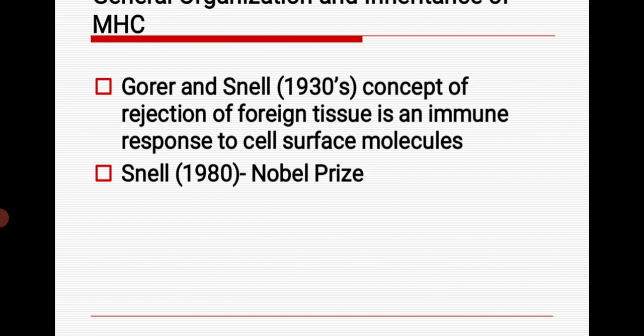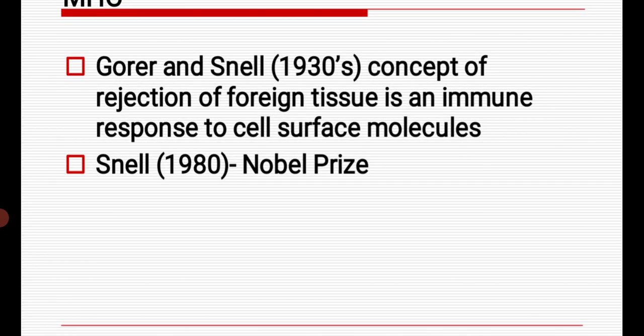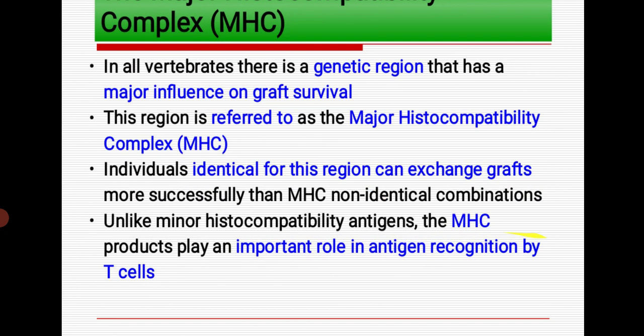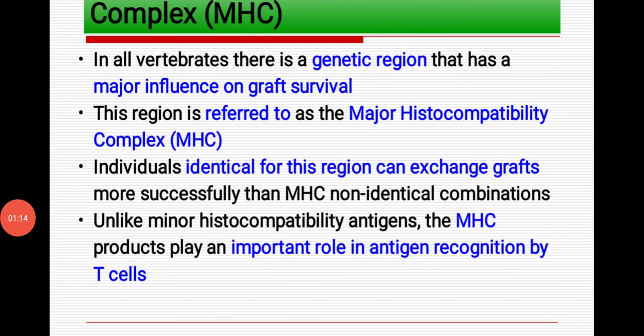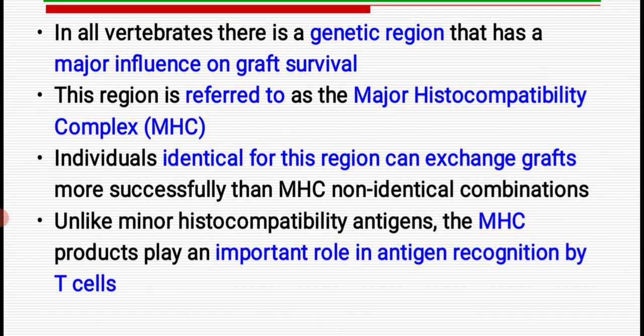For this discovery, the scientist Snell got a Nobel Prize in 1980. In all vertebrates, there is a genetic region that has a major influence on graft survival or graft rejection. For this grafting, the donor and recipient should have matched MHC molecules.